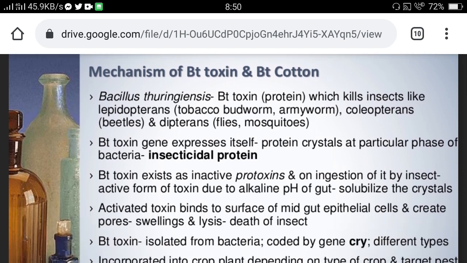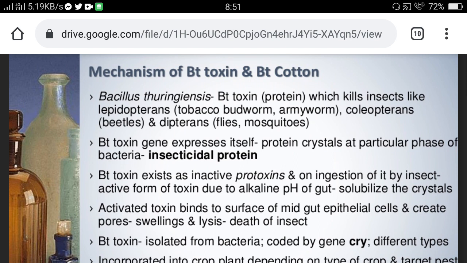Mechanism of Bt toxin and Bt cotton. Bacillus thuringiensis is a bacterium. Bt toxin is a protein which kills insects like lepidopterans, tobacco budworm, armyworm, etc., coleopterans, beetles, and dipterans, that is flies and mosquitoes. The Bt toxin gene expresses itself as protein crystals at a particular phase of the bacteria.